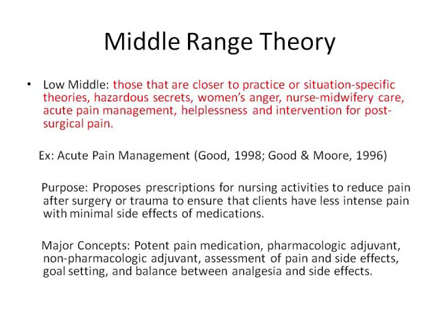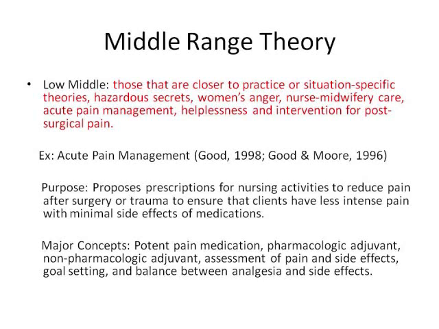And for our low middle range theory, those that are closer to practice or situation-specific theories: hazardous secrets, women's anger, nurse midwifery care, acute pain management, helplessness, and interventions for post-surgical pain. Example of which is acute pain management by Good and Moore.